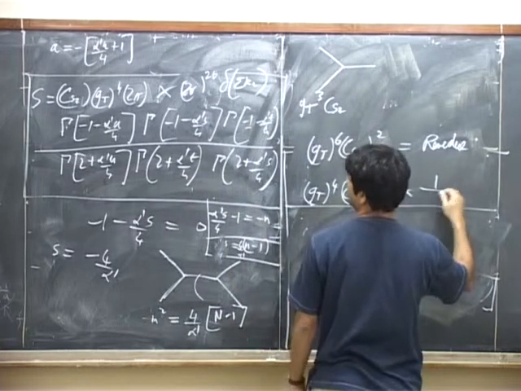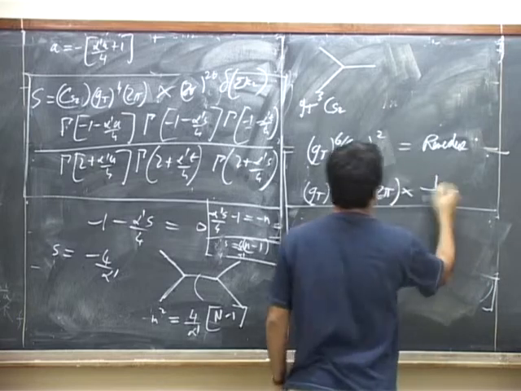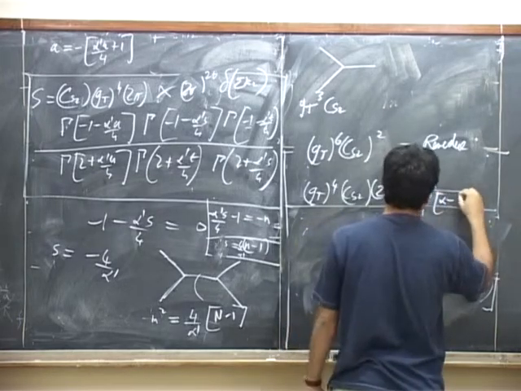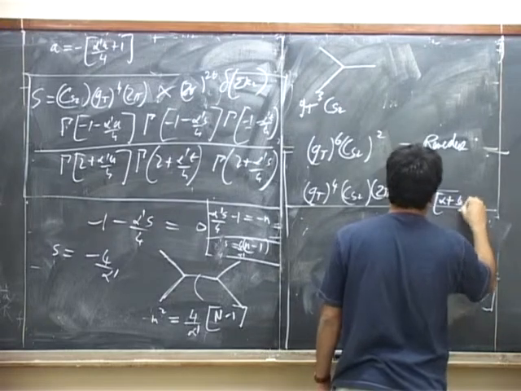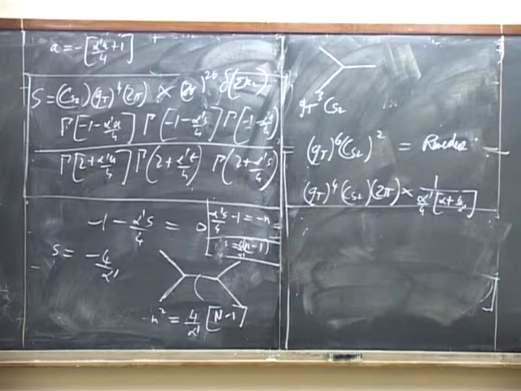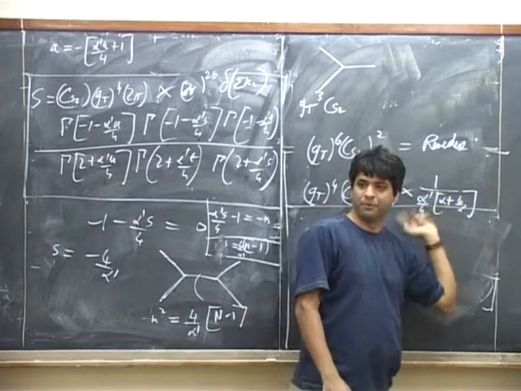So 1 over s minus alpha prime by 4 into s minus 4, s plus 4. I've just written this quantity, its modulus value in the appropriate way.